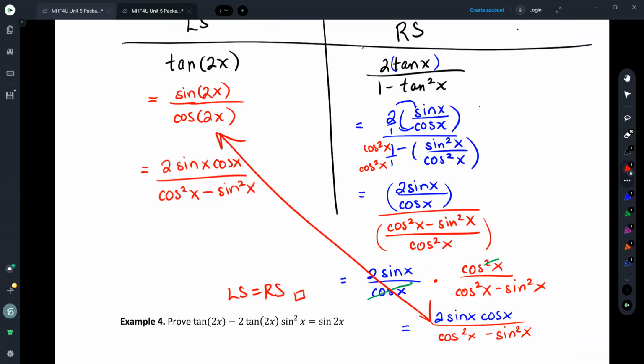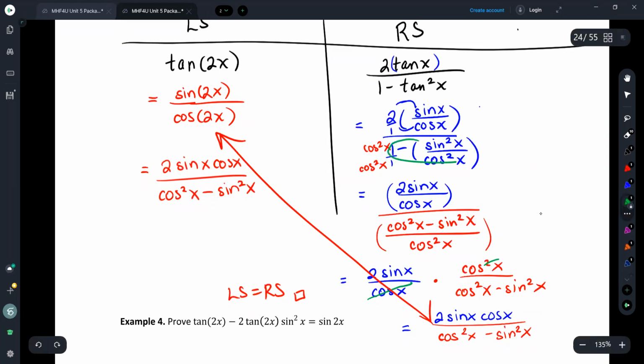Okay, any questions for this one that I can clarify? Keaton. Why do you multiply the top and bottom by cos squared x? So I was doing 1 minus sine squared over cos squared.